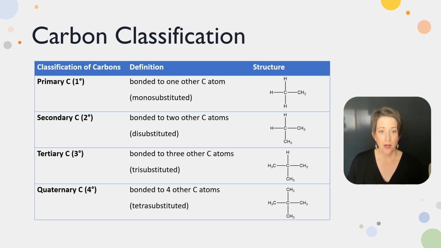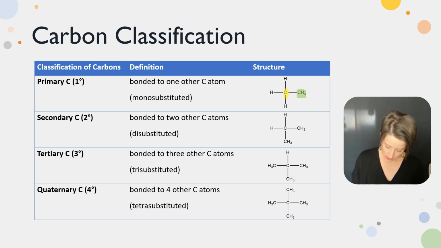A primary carbon is a carbon that is bonded to one other carbon atom. So we're only looking at one carbon at a time, and then how many other groups it is attached to. Therefore, a primary carbon is what we call mono-substituted, or has one other group on it.